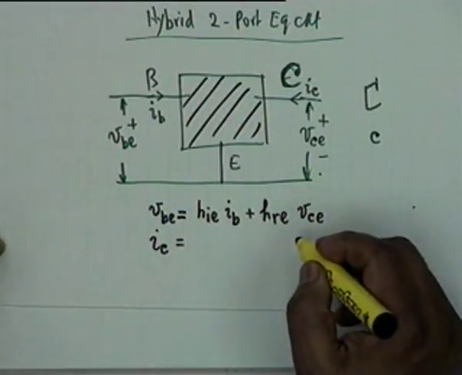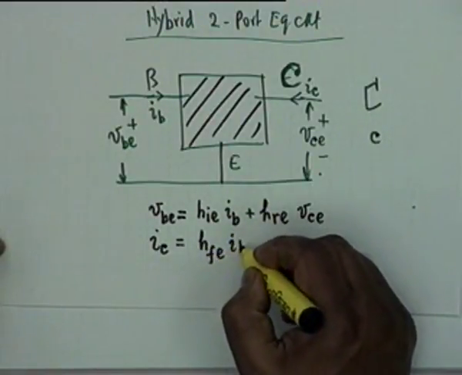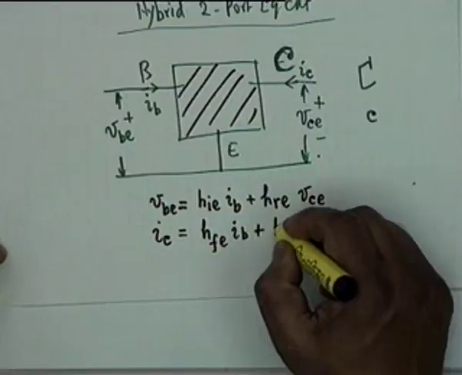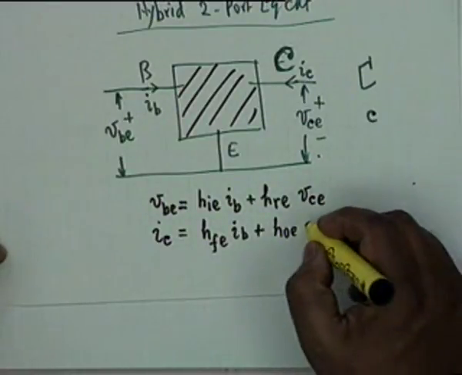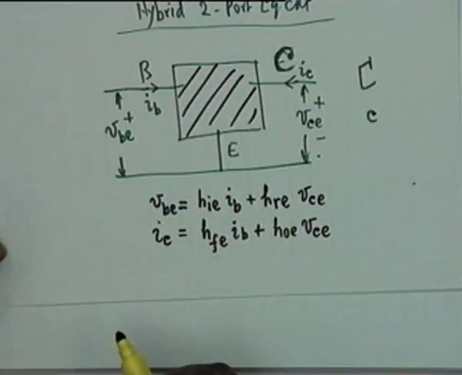Similarly the collector current is written as HFE IB plus HOE VCE. Okay, this is the genesis of the H parameter equivalent circuit or the hybrid.